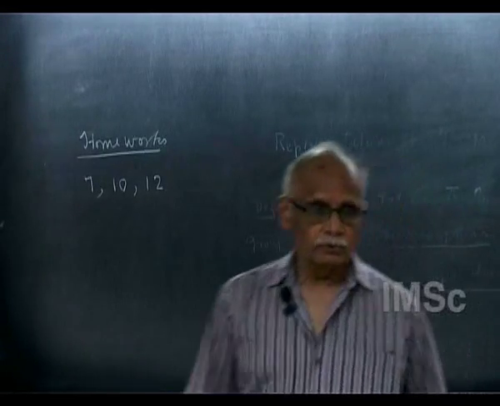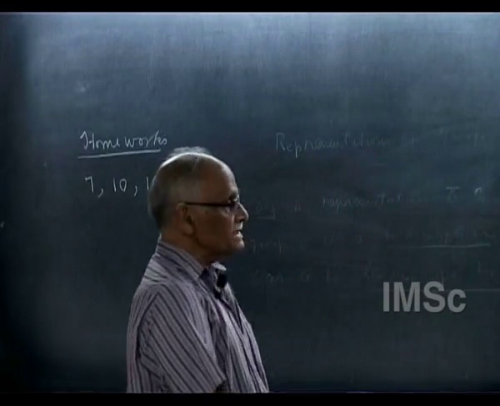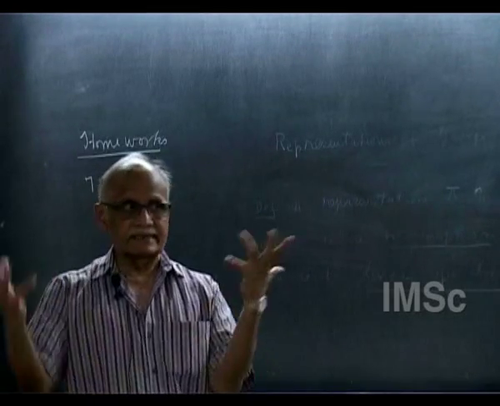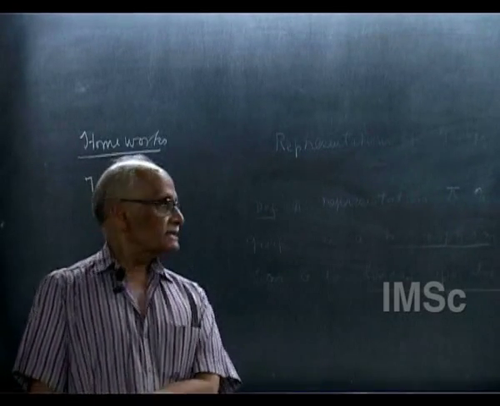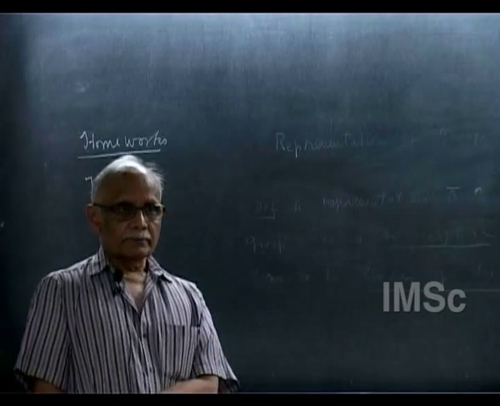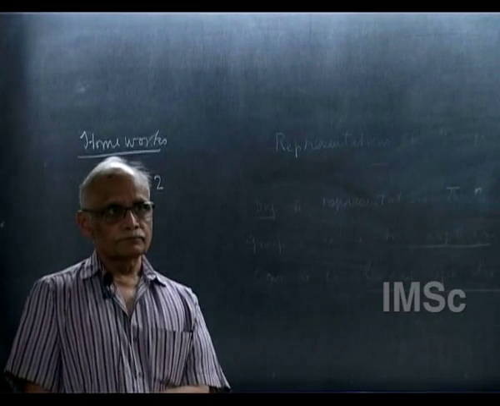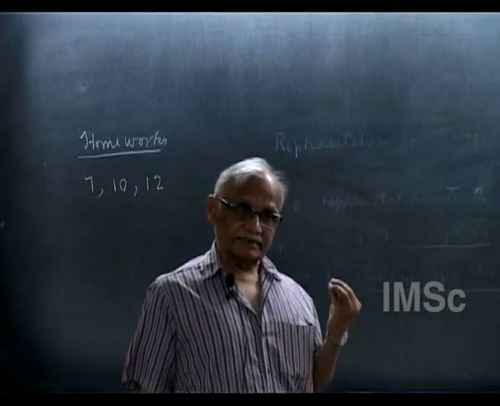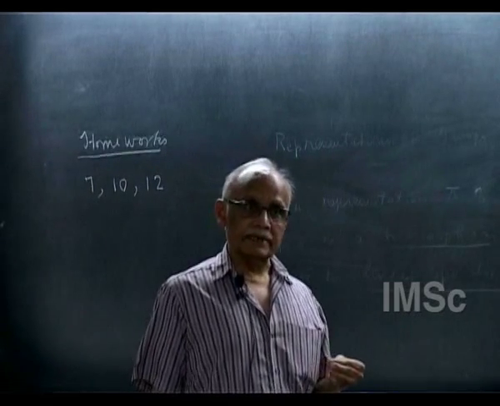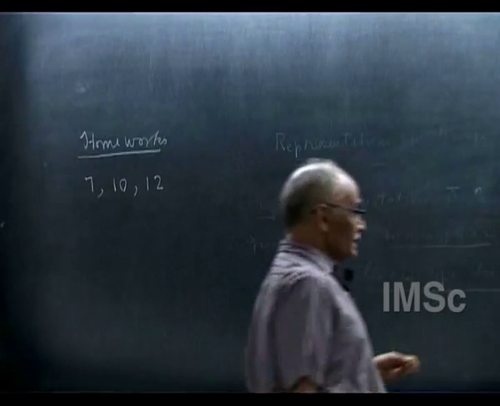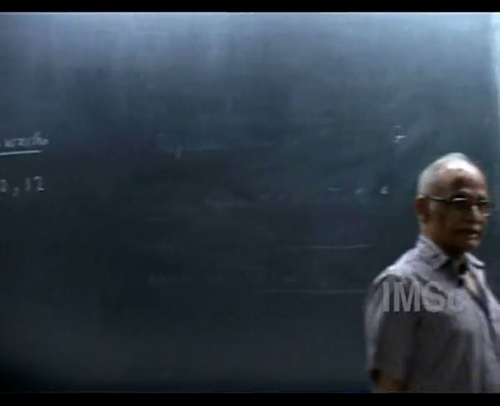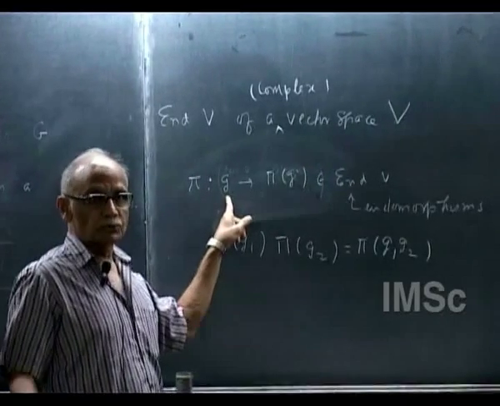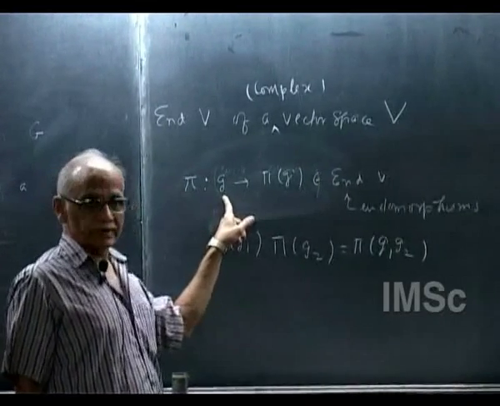And now we want to understand how to build up representations. Why are representations important? Because especially in quantum theory, every symmetry operation is given by some linear operator. So a symmetry of rotation will be a linear operator like this, where g is a rotation, or SU2, or a Lorentz transformation.